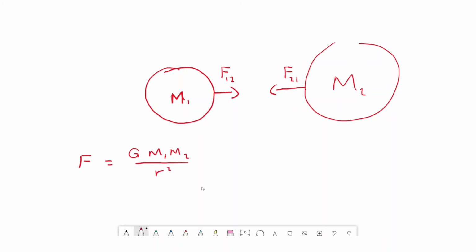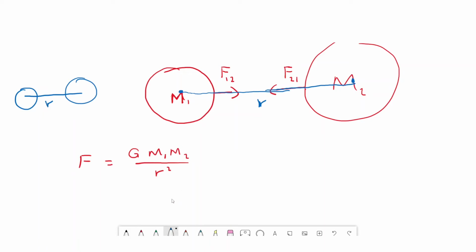Now what is this r squared? This r is the distance from the center. If I draw a line from center to center, and I call that line r, it's supposed to be straight. So if I have m1 and m2, this distance from center to center, I call it r.